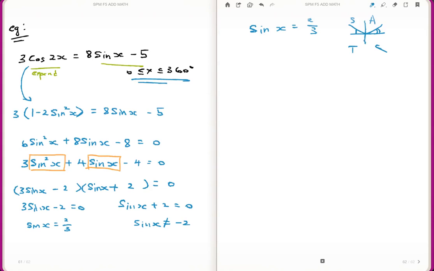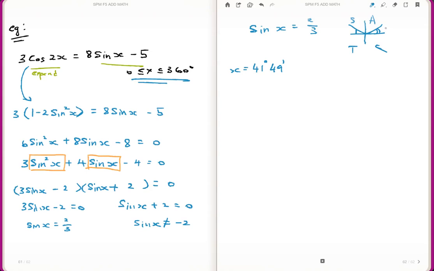From a calculator, use inverse sine. So the acute angle of x, the first one, would be 41 degrees 49 minutes.